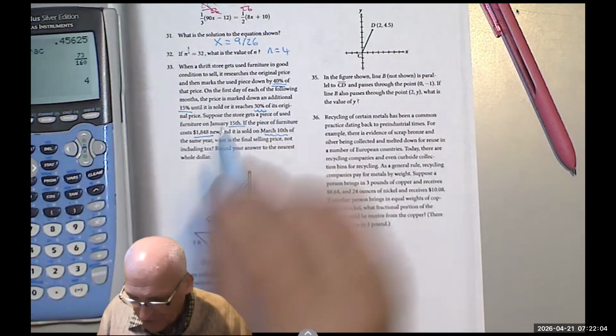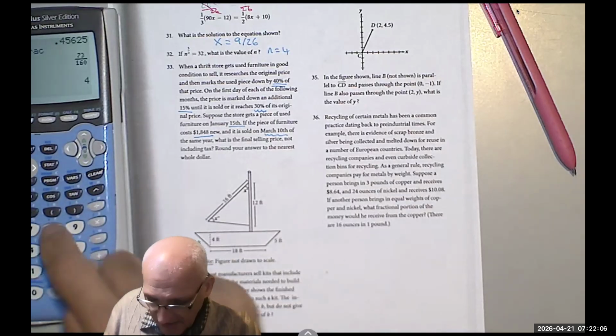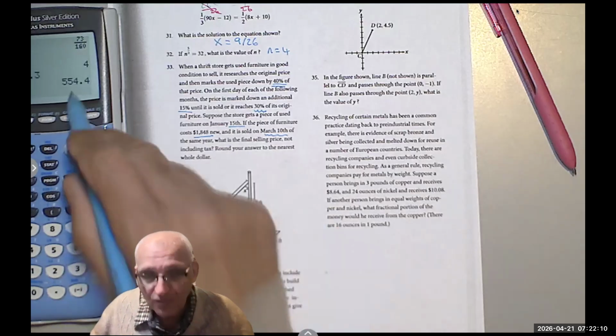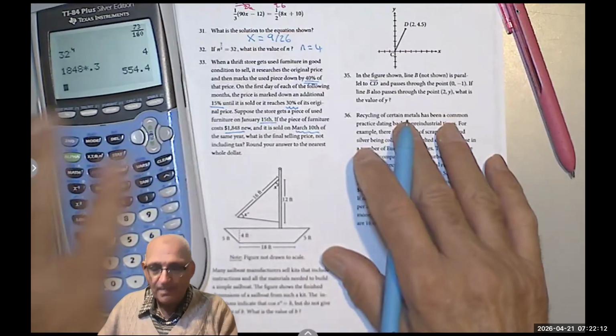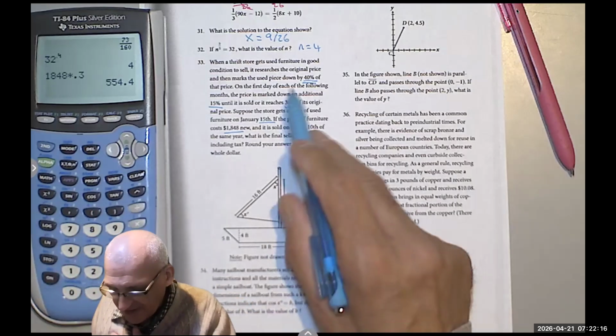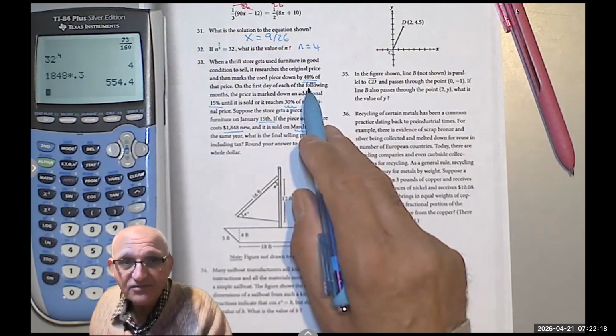So the first thing we do usually is to say, what is 30% of this number? I cannot go below 554.40. You receive it on January 15th.